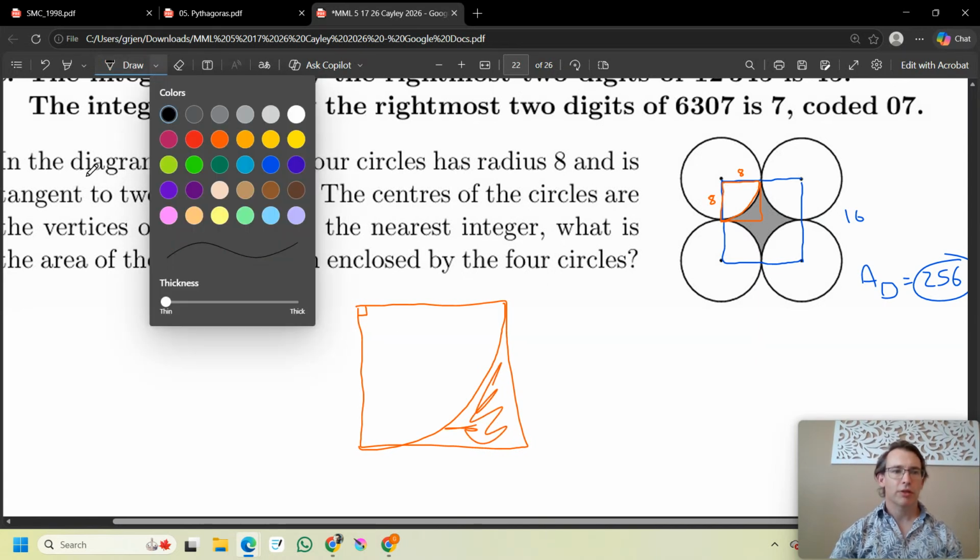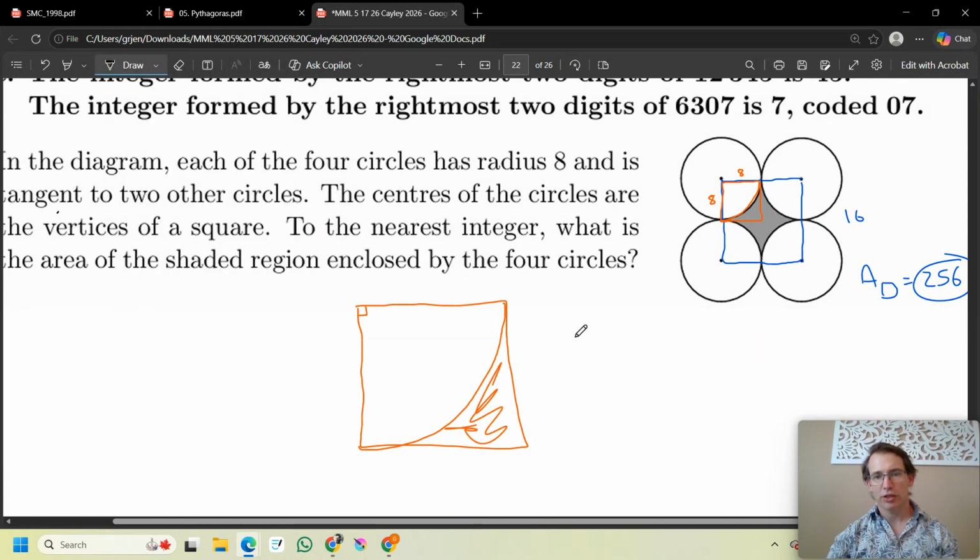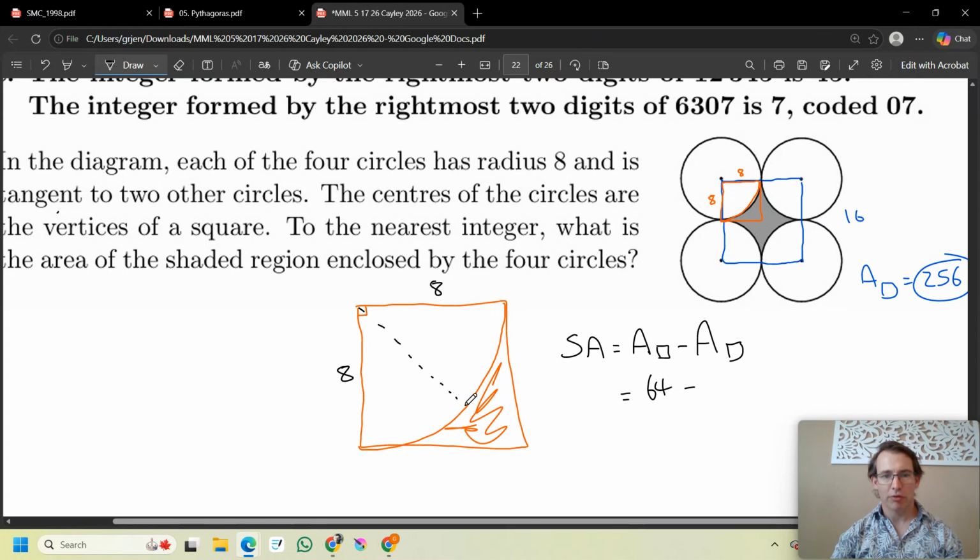So to find this out, you just say that the shaded area that we're looking for here is equal to the area of the square minus the area of that pizza slice. Okay. And the area of this square is 8 by 8, so that's 64. And then the area of that circle sector, well, the radius is 8 everywhere.